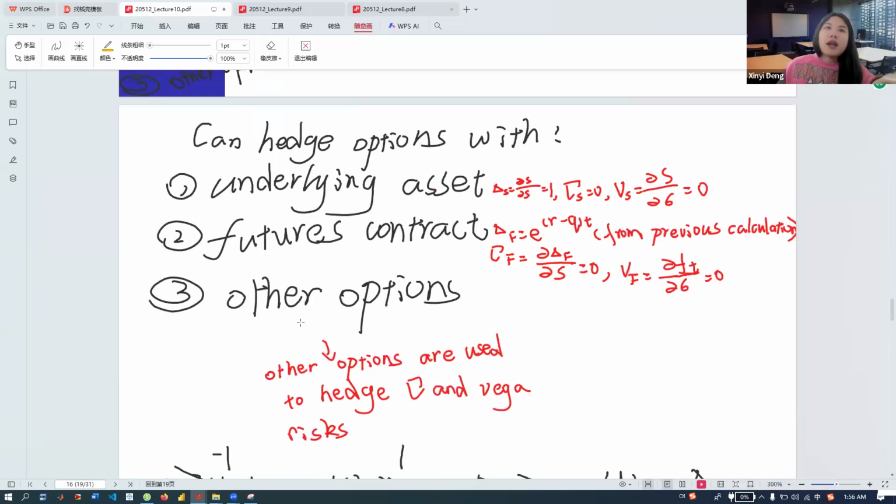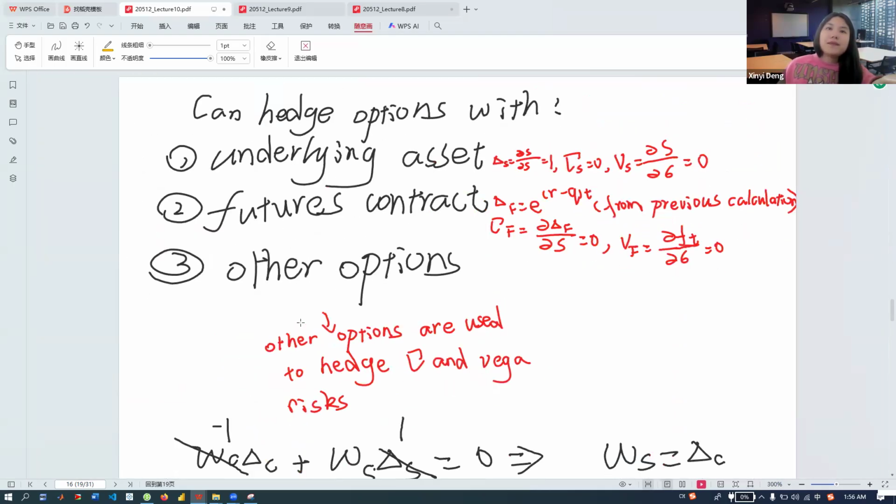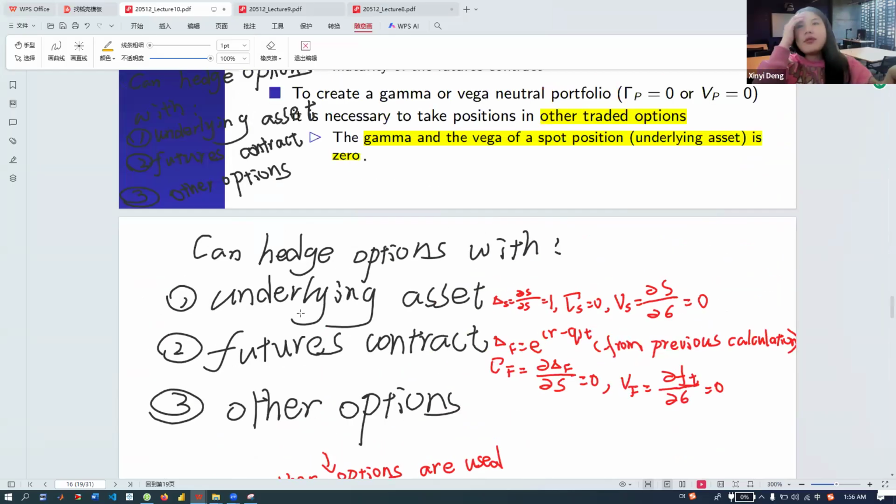Then for futures contracts, we know from the previous derivation that delta F is equal to e to the power of open bracket R minus Q close bracket times T. That's from previous calculation. And for gamma of futures contracts, that's actually again 0.